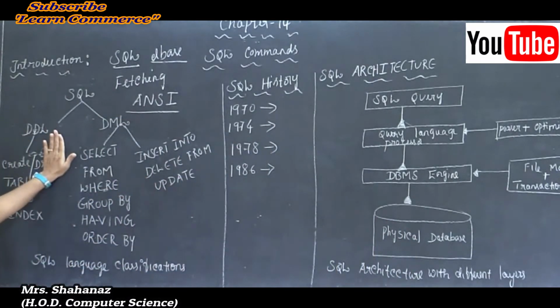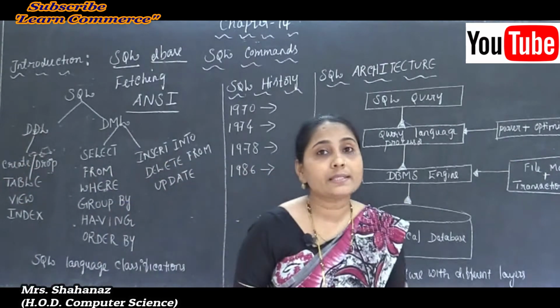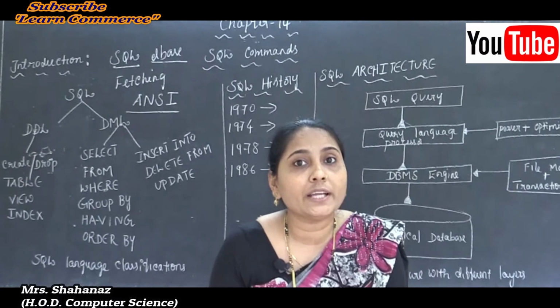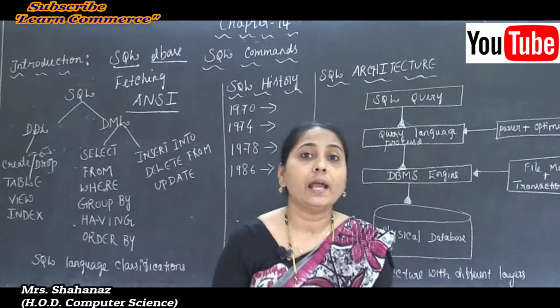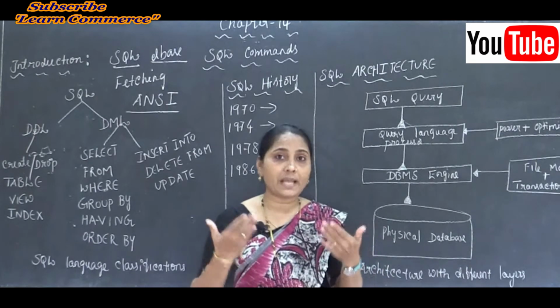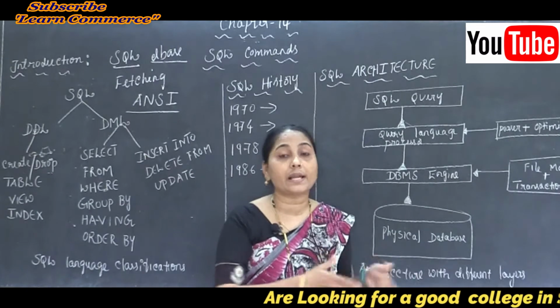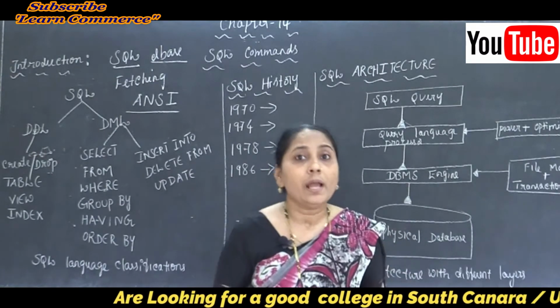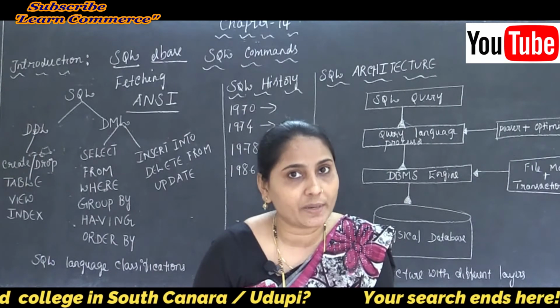And we know that SQL is a standard language, a standard language for relational database management systems, because it is an ANSI standard language. So we can start with this sentence: SQL is a standard language for relational database management systems.